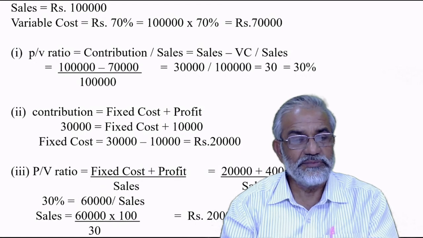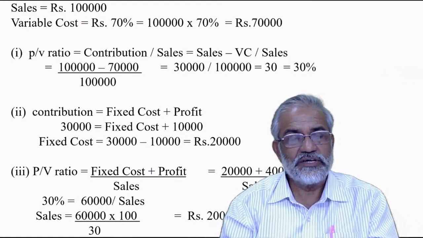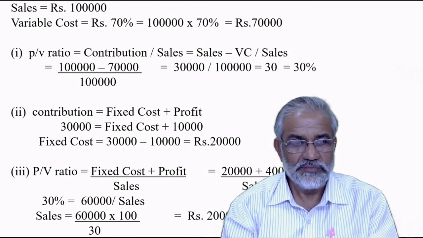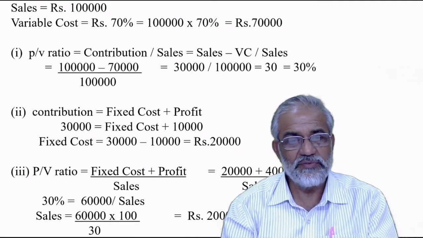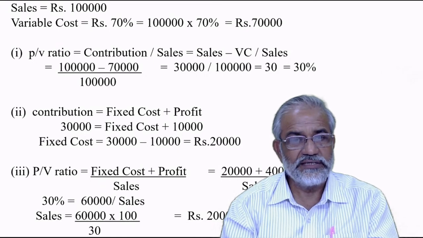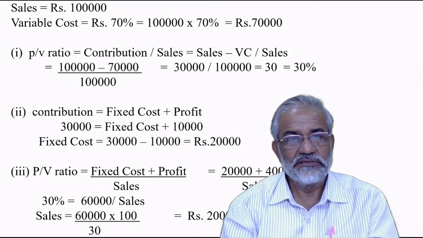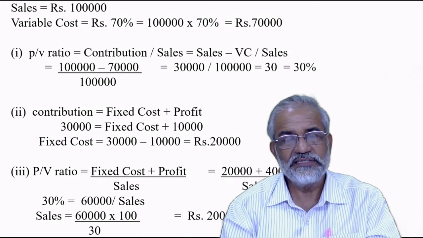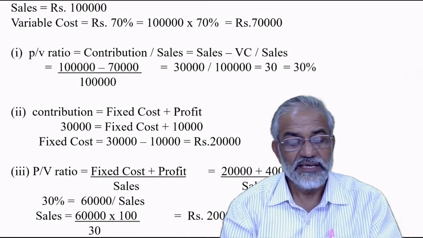The second one is contribution. Contribution is equal to sales minus variable cost, or fixed cost plus profit. 30,000 is the contribution here. So fixed cost plus 10,000, which is the profit. So fixed cost is equal to 30,000 minus 10,000, that is 20,000. The profit is given in the question.